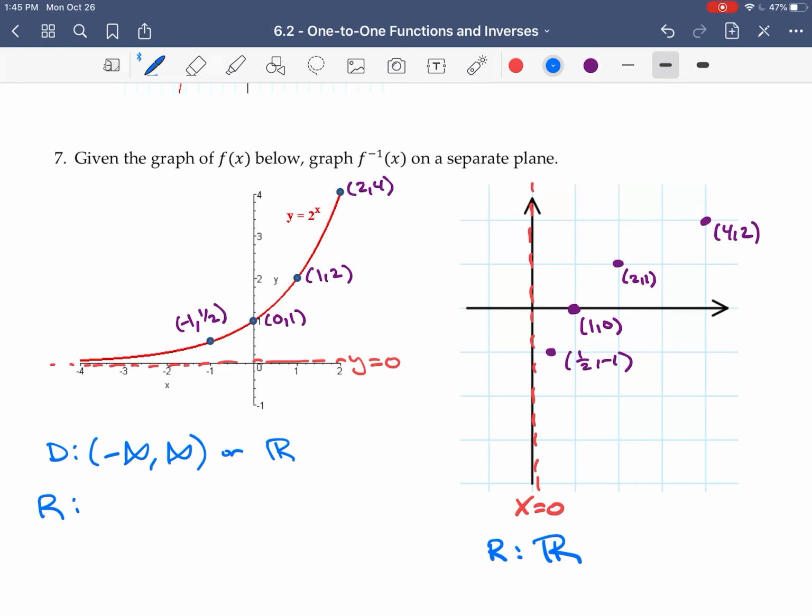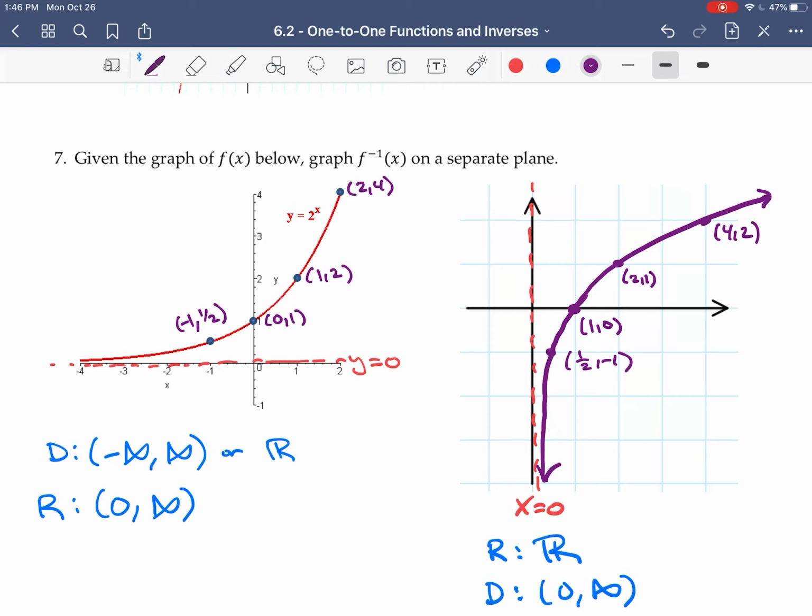And here the range is y values bigger than 0. So that's actually going to be the domain over here. So we're going to have the only x values that are positive. Okay, and then our function is going to look like that.